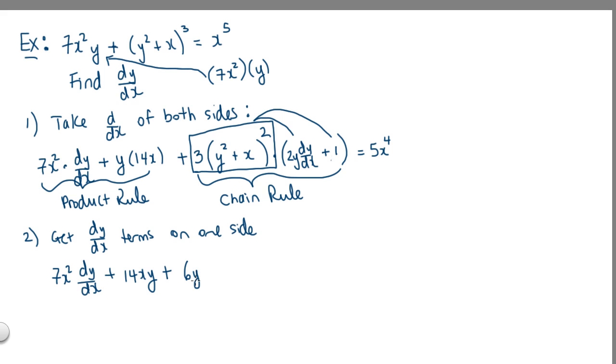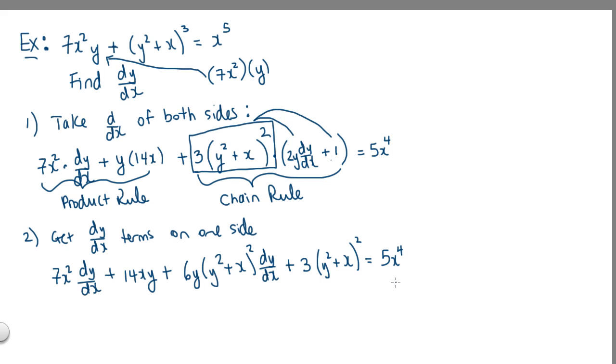We'd have 6y times that square times dy by dx. Okay, and our second term coming from this expression here is going to look like 3 times the square. Okay, so that's that all expanded out. No further expansion required there, and that is still all equal to 5x to the 4th.